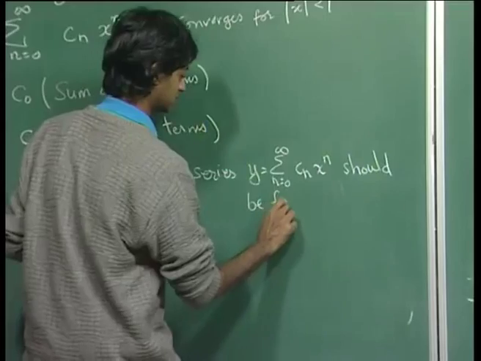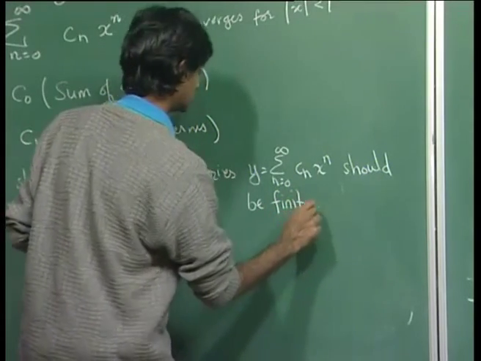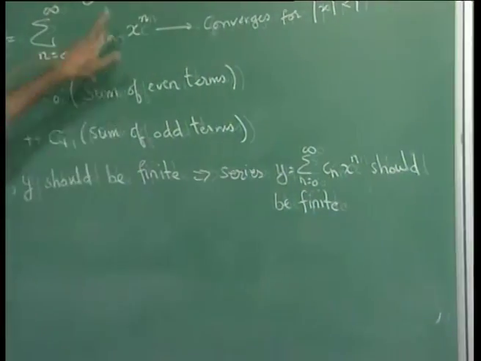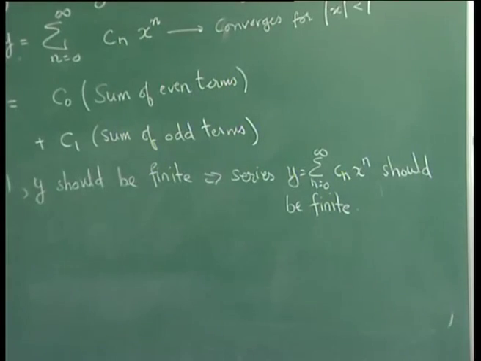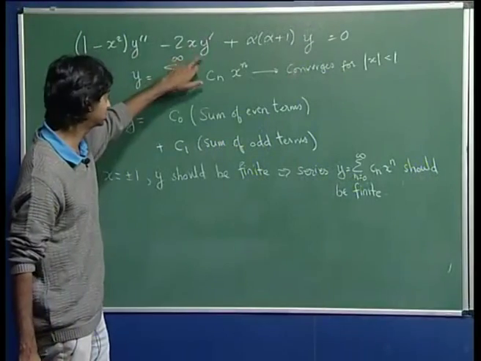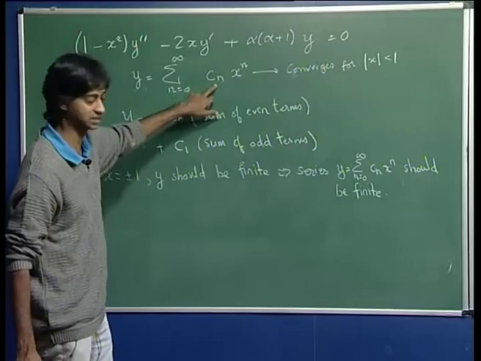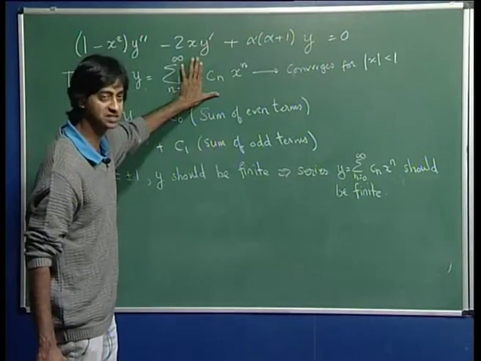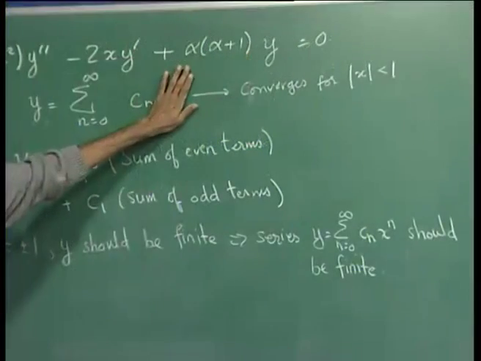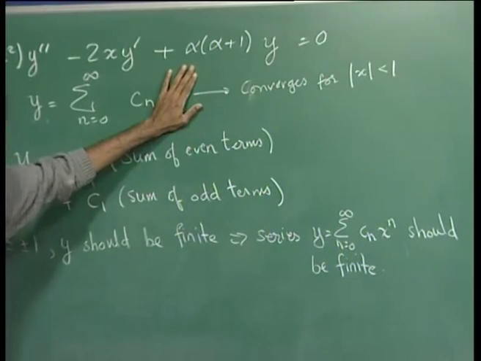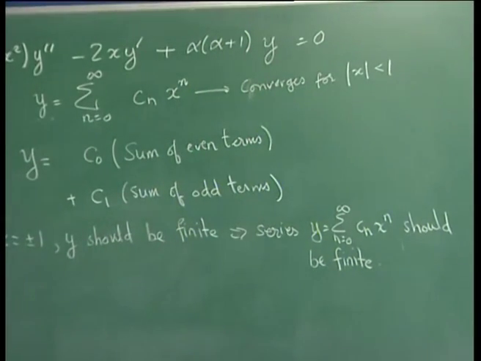In the particular case of this Legendre differential equation, with its particular recursion relation, the series we considered turns out to be divergent at x equal to 1.